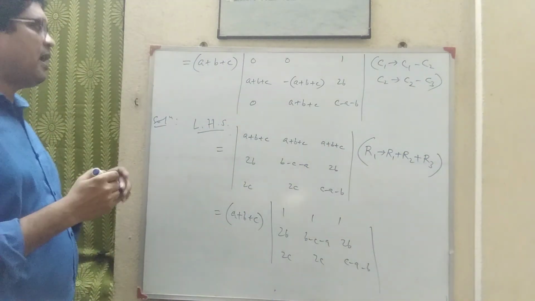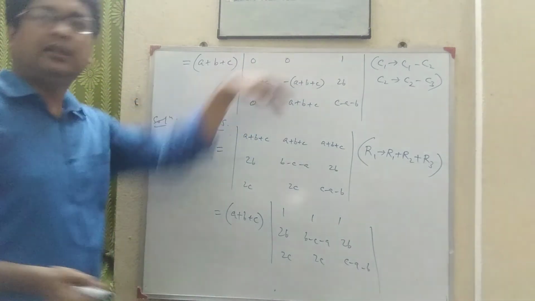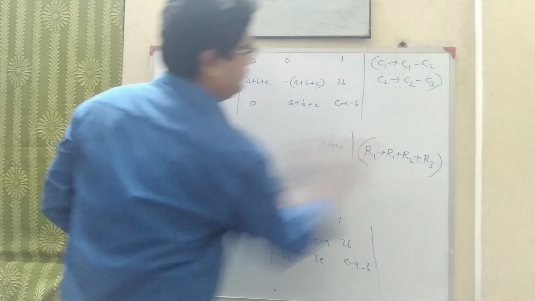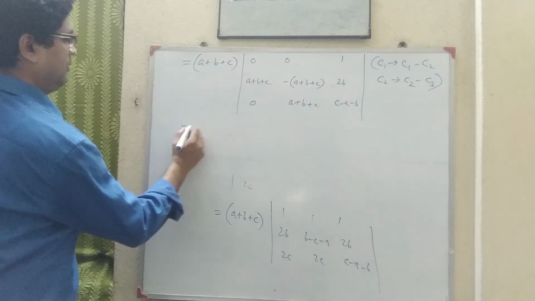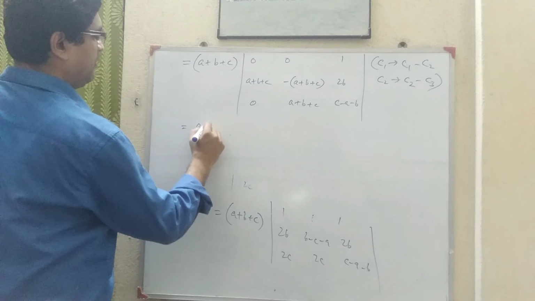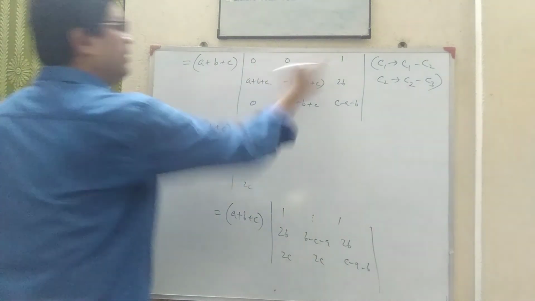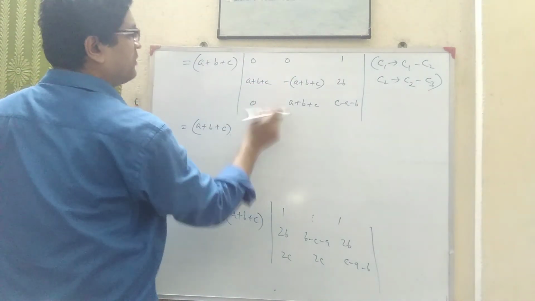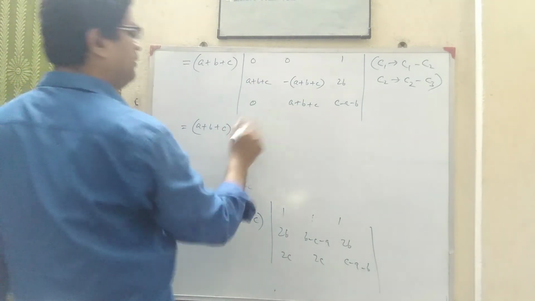Now, once we have got 2 zeros in the first row, then we can expand. Expanding by the first row, we get 1, 0, 0, you don't have to write, only 1 into this cross multiplication, this into this minus 0 into this. 0 into this means 0, so this into this will remain only.